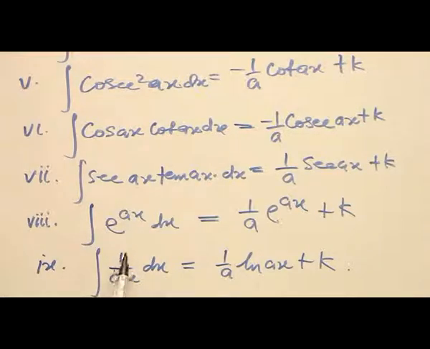So the integral of 1 all over as will also be the log of as. Multiply that by 1 over a plus k. The 1 over a is this value when you differentiate it. And then you now take that variable and then of course the inverse of it to multiply the integral.